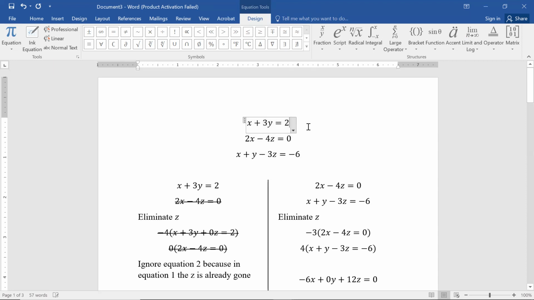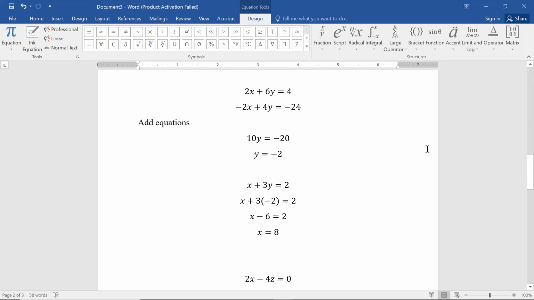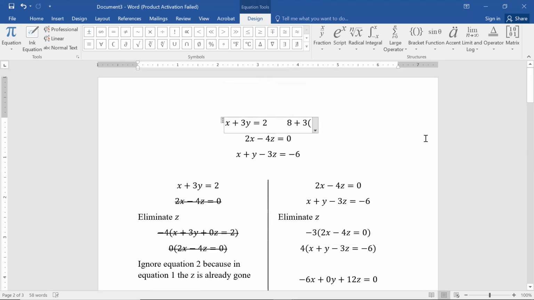So in this first equation, you'd plug in an 8 for x and a -2 for y, and see that you get a true statement. That checks out. 8 plus 3 times -2 equals 2. Yep, that works. So that's good.